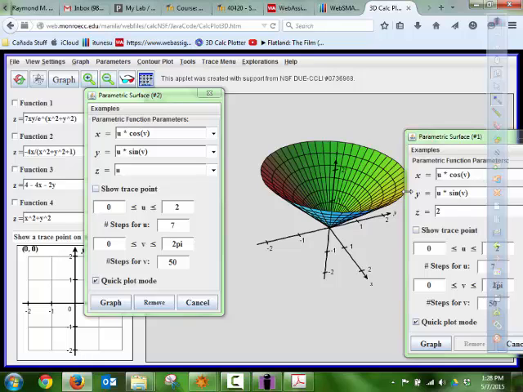Now, how can I draw that circle in this program? What do I need to do? What is that circle essentially? How would I draw that circle?